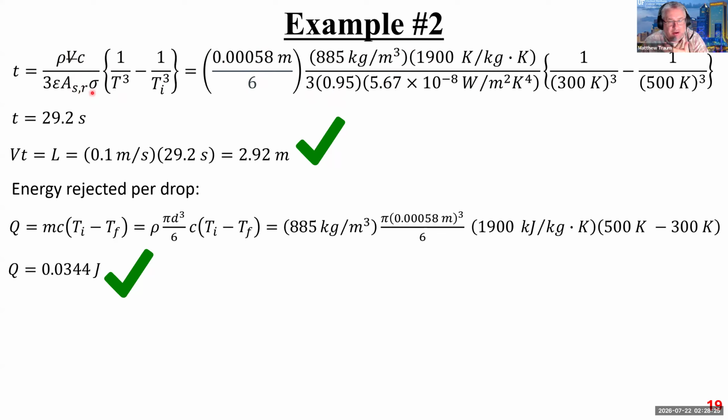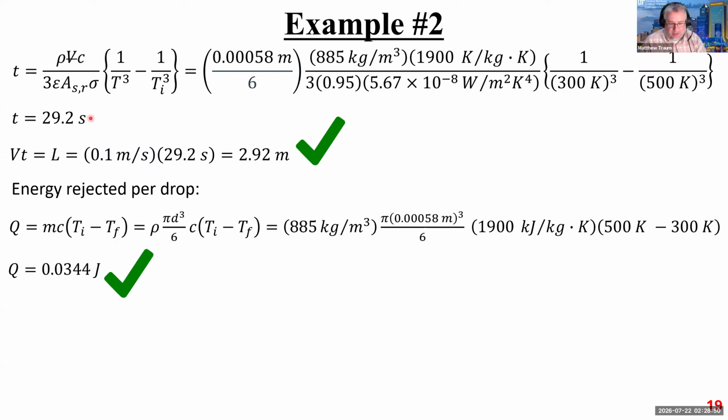And again, where did area go? Well, area got absorbed into a ratio with volume, and then just ended up right out here, right? So that's where that went. Okay, and then 1 over the final temperature raised to the third power minus 1 over the initial temperature raised to the third power. I crank through the math, and I get about 29 seconds.